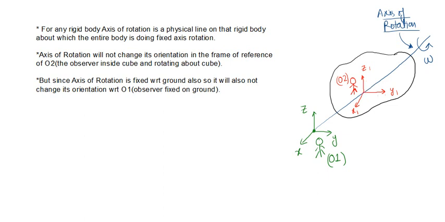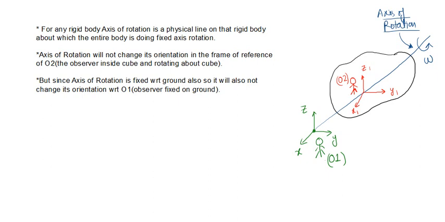So the axis of rotation will not change its orientation in the frame of reference of O2. O2 is the rotating observer and O1 is the ground observer. Any physical line on this rigid body which is rotating about this axis will rotate with respect to O1, the ground observer, but it will retain its orientation with respect to O2, the observer fixed with respect to this rigid body.